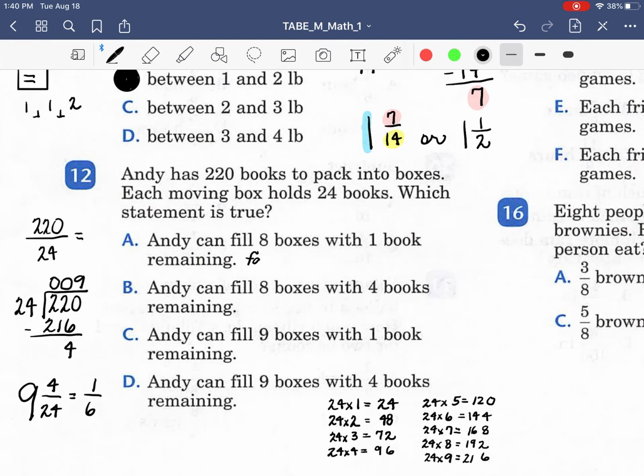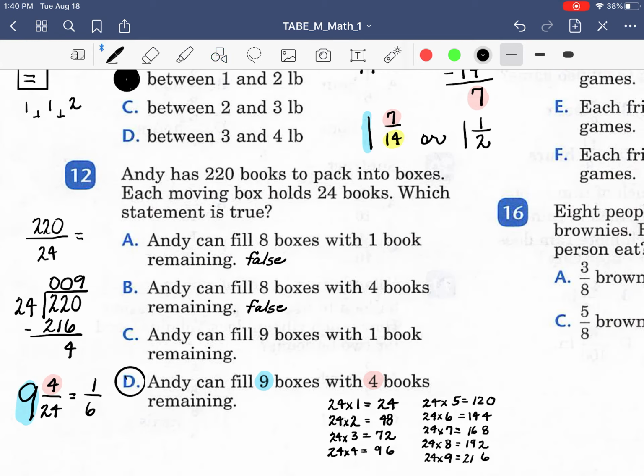Andy can fill 8 boxes. No, he can fill at least 9. That one's not, it's not 8. Andy can fill 9 boxes with 1 book remaining. No, he can fill 9 boxes with 4 books remaining.